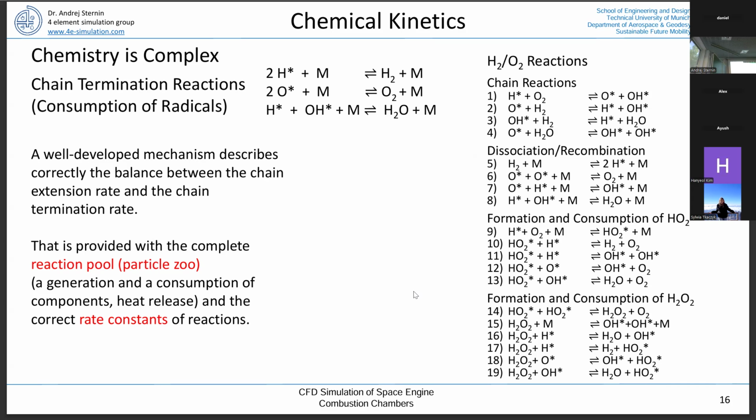The reason is they were just looking in one direction, so they didn't take the back reaction into account, and they were missing half of the process, and that gave these kinds of unrealistic results. So you should be aware that the mechanism you are using always takes into account forward as well as backward reactions.